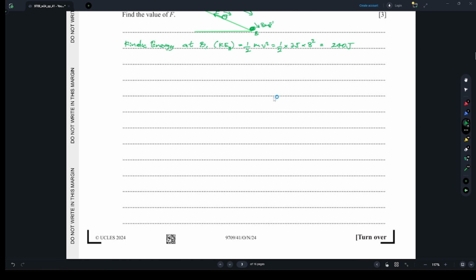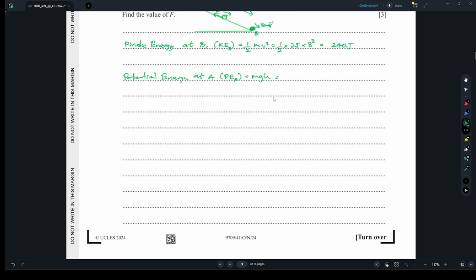Or let's say the potential energy of the particle at point A. So I write potential energy at point A. These are some short forms.